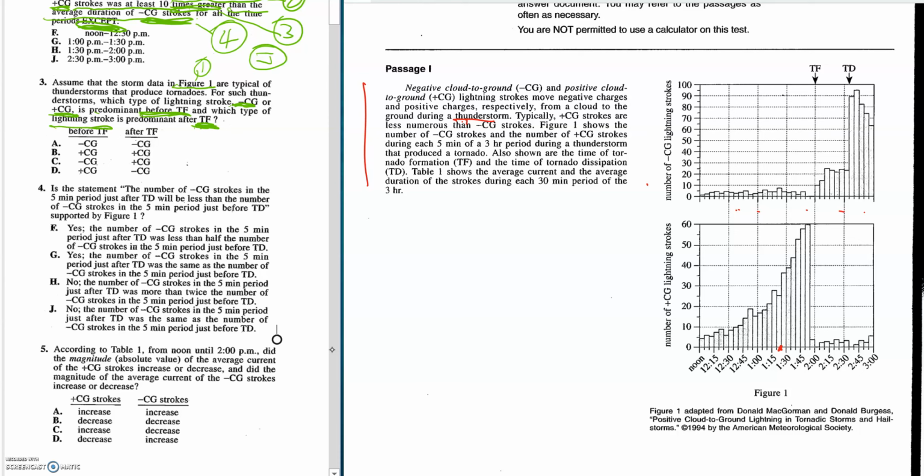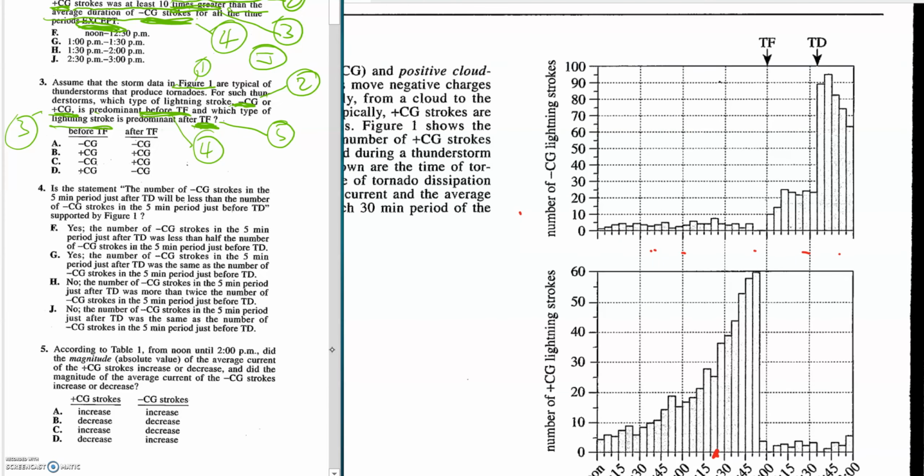If I look, so step number 1, okay, I need to find negative CG, this is 2, or plus CG, 3, and it's going to be 4 is before TF, and 5 will be after TF. So come over here, and we see TF is here.